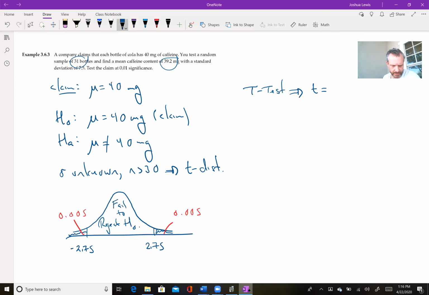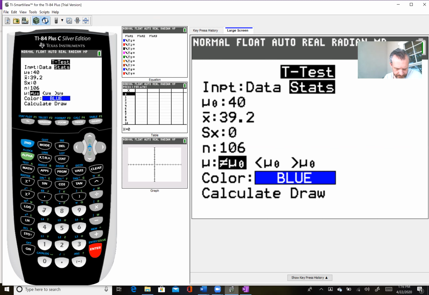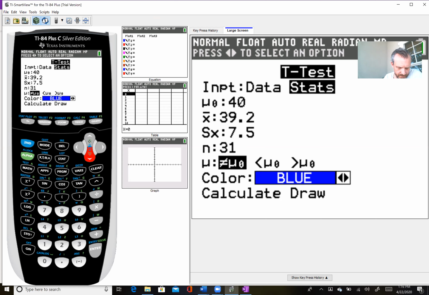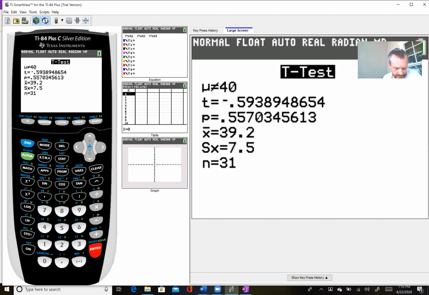So let's go see, what do we have? 7.5. Our sample size is 31. Is that right? 31? Yep. And our alternative is not equal. So there we go.